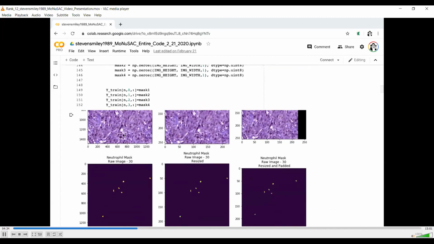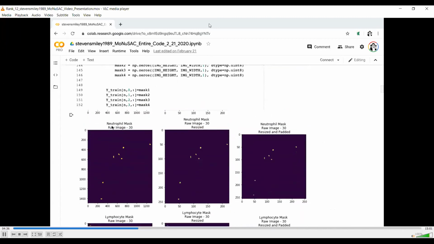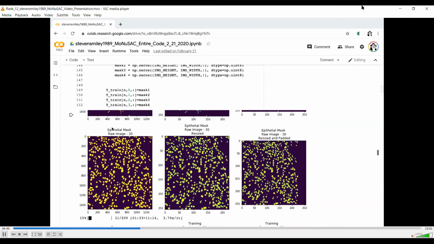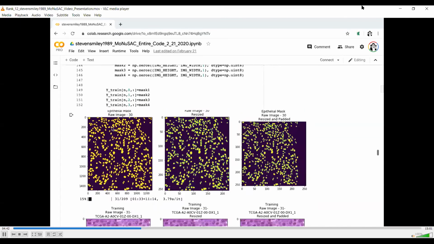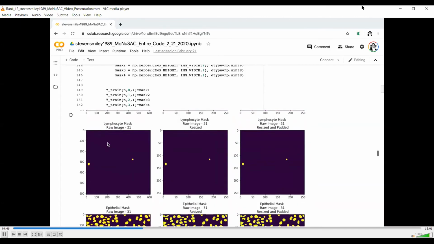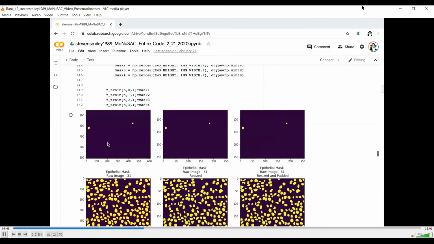This one had neutrophils and lymphocytes, epithelial, but no macrophages. So there's a class imbalance right off the bat. You can see it, and you can verify what patients have what.